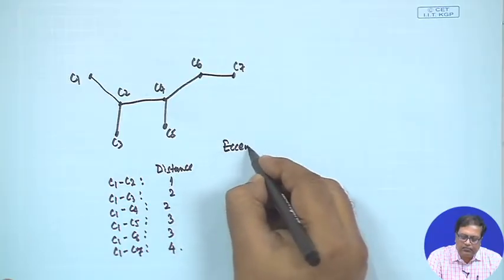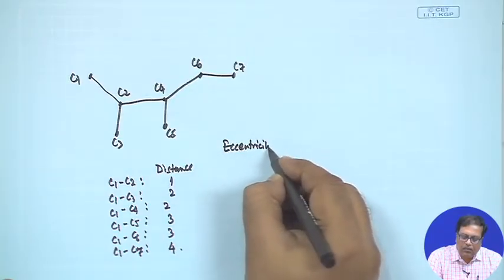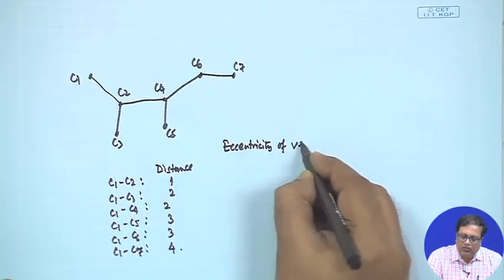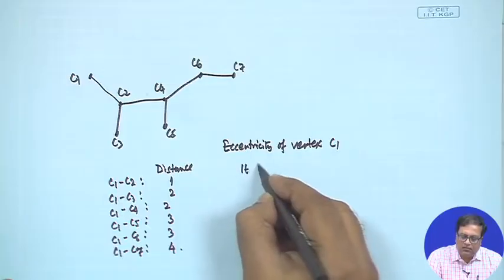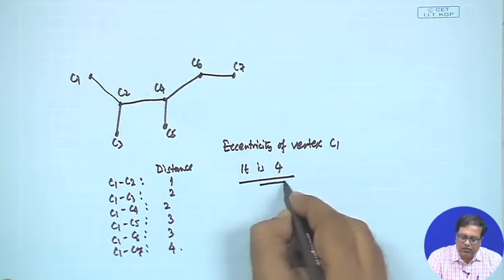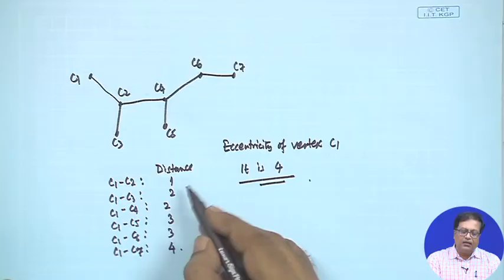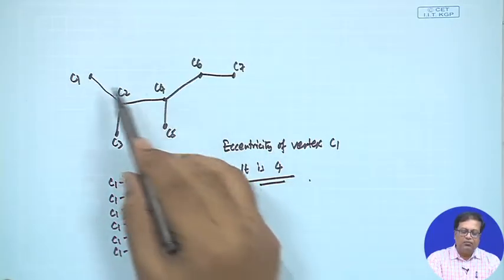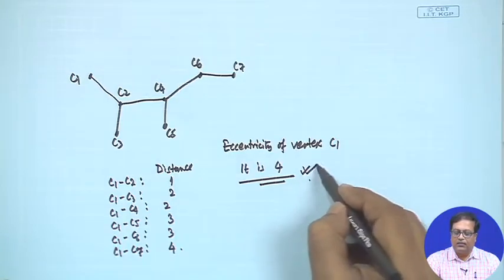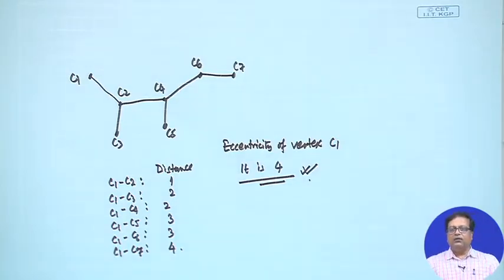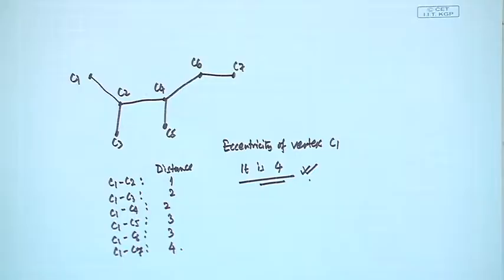So, what is the eccentricity of vertex C1? It is 4. Why 4? Because that is the distance of the farthest vertex from C1. So, like this we can actually find out the eccentricity of vertices, and usually the pendant vertices are having higher eccentricity, right.